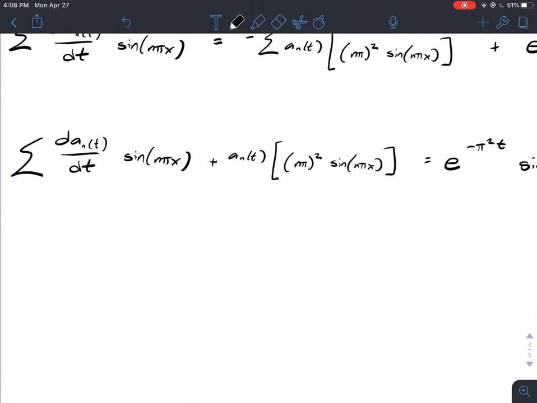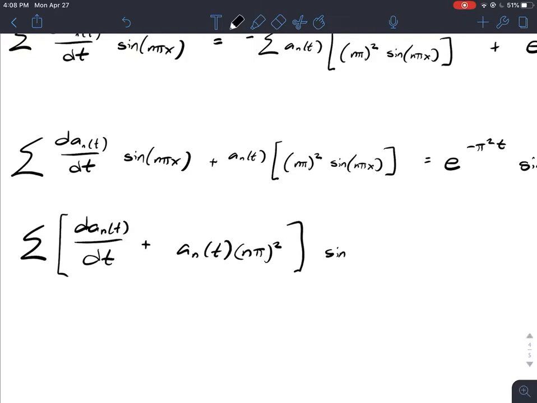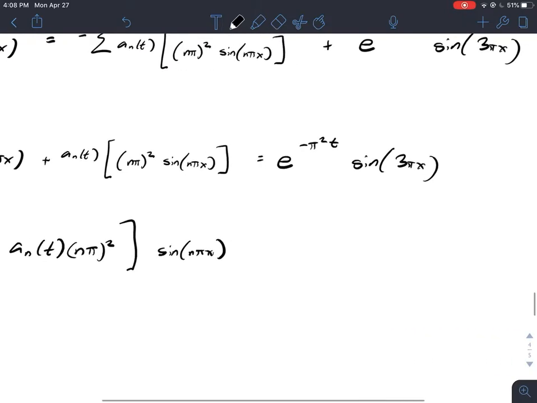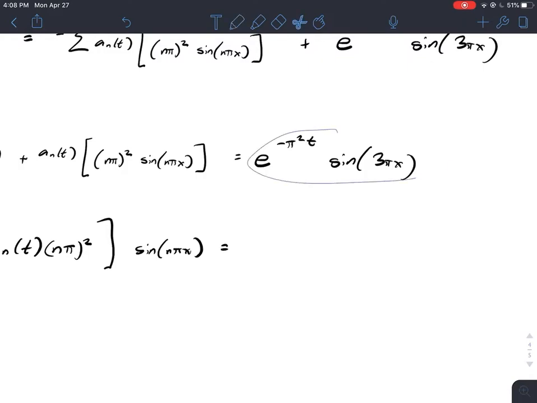Now let's factor out the sine, because both terms have this sine dependence. So now we have d a sub n of t, this derivative, plus a sub n of t times n pi squared, times sine n pi x, equals the non-homogeneous term once again.